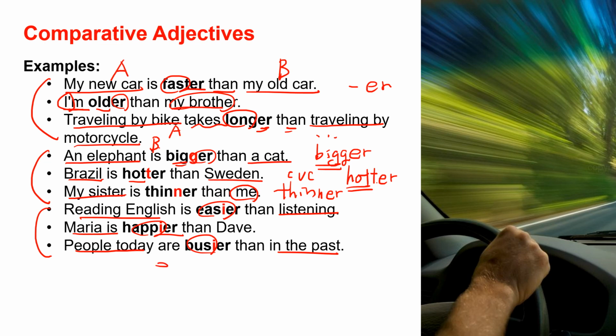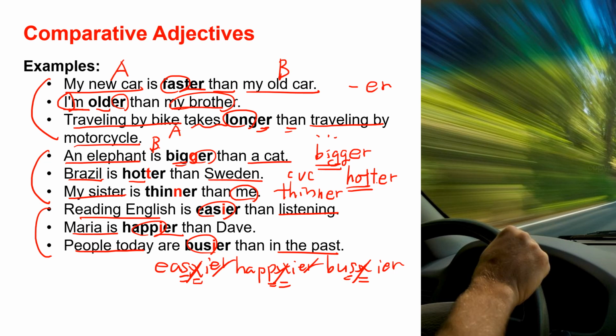So here, if you see easy, happy, and busy, they all are consonant, Y ending, consonant, Y ending, consonant, Y ending. In this case, Y becomes I and put ER. I-E-R, I-E-R.